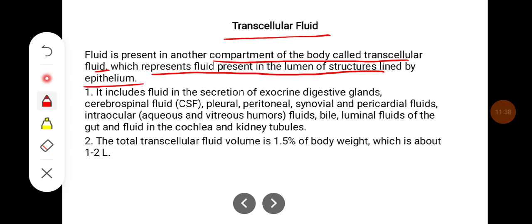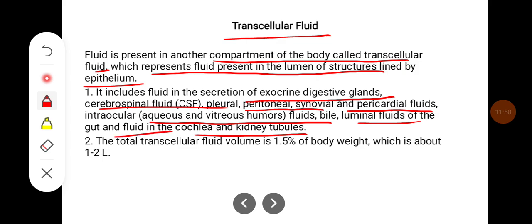It includes fluid in the secretion of exocrine digestive glands, cerebrospinal fluid, pleural, peritoneal, synovial, and pericardial fluids, intraocular fluid, bile, luminal fluids of the gut, and fluid in the cochlea and kidney tubules. The total transcellular fluid volume is around 1.5% of the total body weight, which is about 1 to 2 liters.